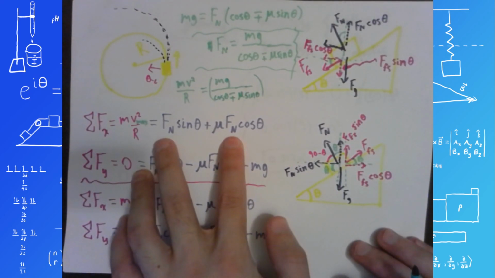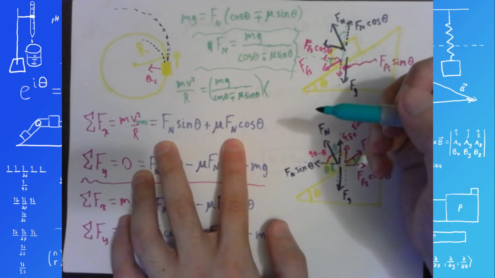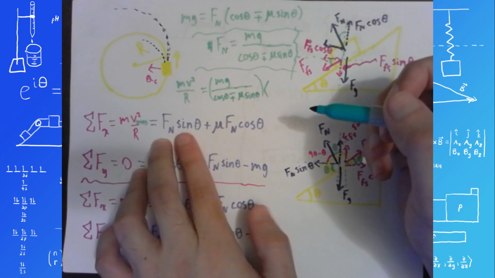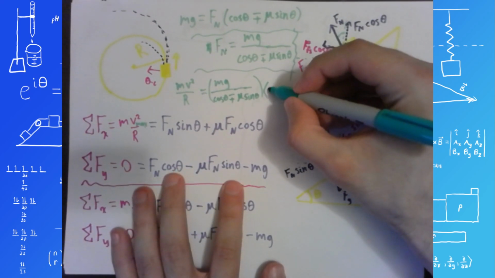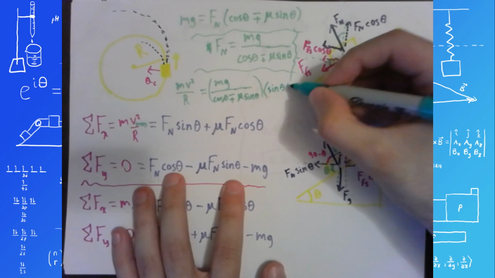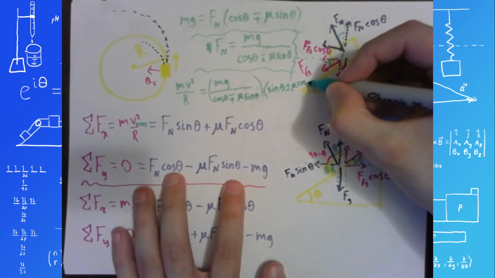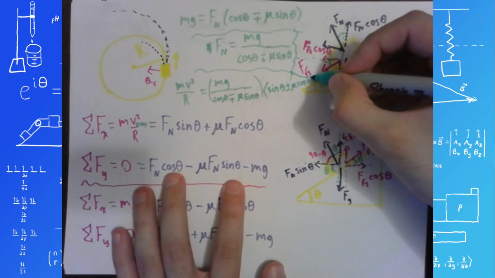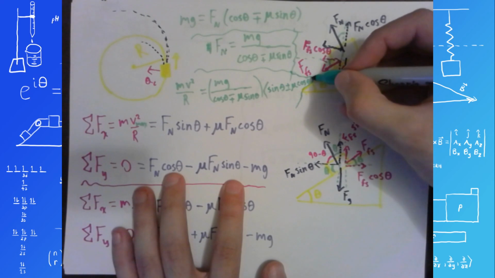Okay, so that's the normal force, and then multiply that by sine theta plus or minus mu cosine theta. And I didn't leave enough room to close my parentheses.